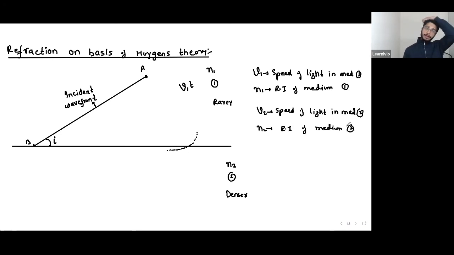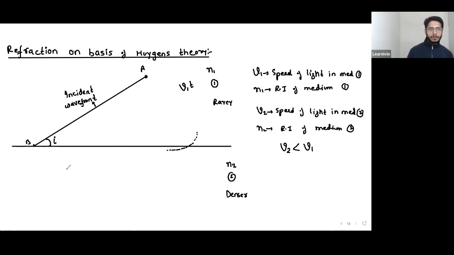So if light is traveling from rarer to denser medium, then its speed should decrease. V2 should be less than V1. This is the only difference in the calculation. So I'm taking refraction from rarer to denser medium. If someone asks you to repeat the calculation for denser to rarer, then V2 will be greater than V1.